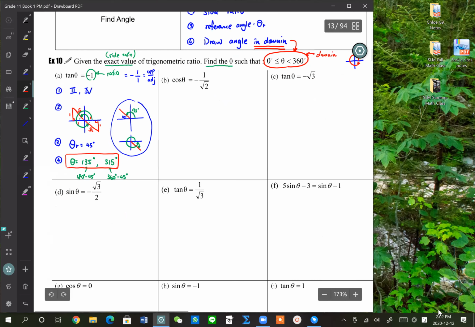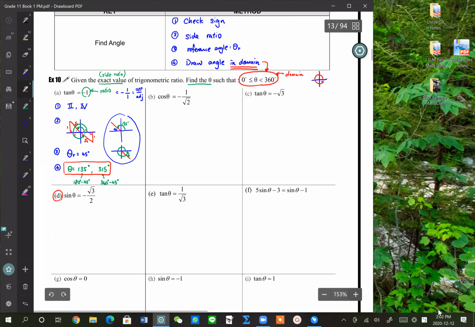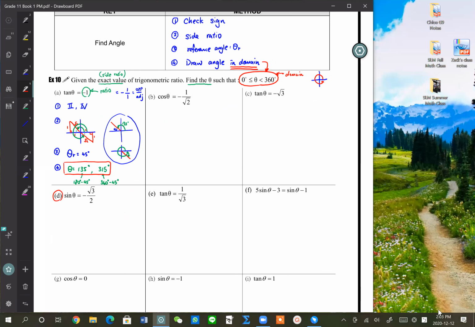All right, let's do question D. Okay, D is a sign. Okay, let's do this one. So I'll let you guys try it first, okay? I'll wait for you. See if you can go all the way to step 4 and get both answers. So maybe give you a couple minutes.